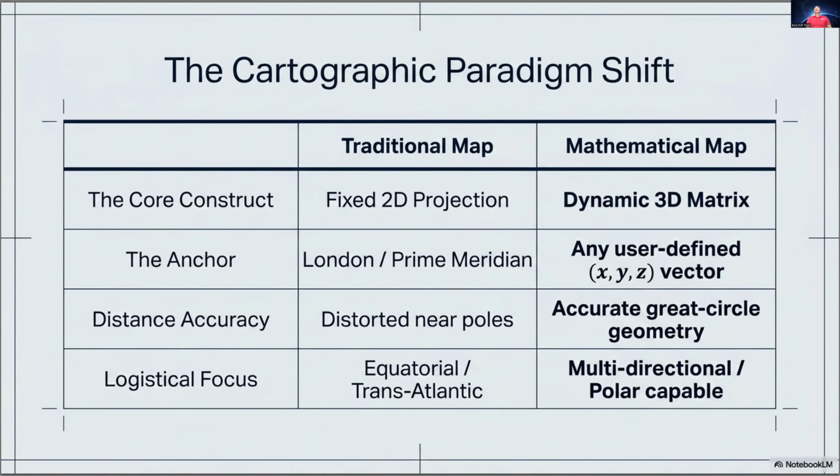The coordinate constructor fixes a 2D projection. The mathematical map is a dynamic 3D matrix, and then we can calculate a newly 2D projection. The anchor: random prime meridian, any user-defined XYZ vector. Distance accuracy: distorted near the poles, accurate great circle geometry.